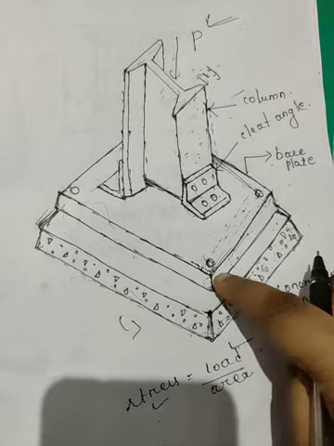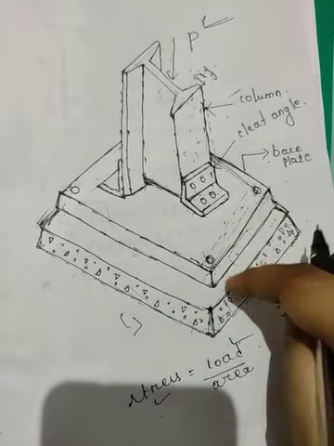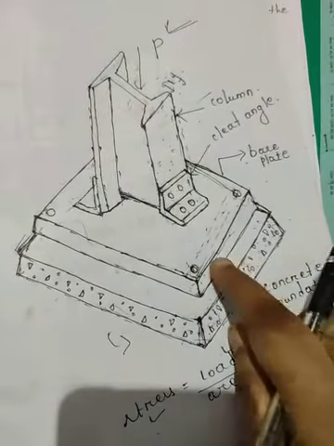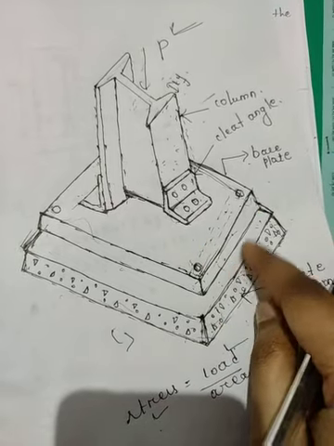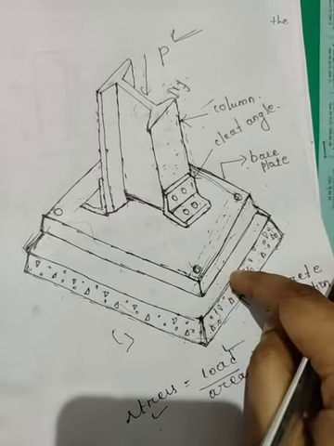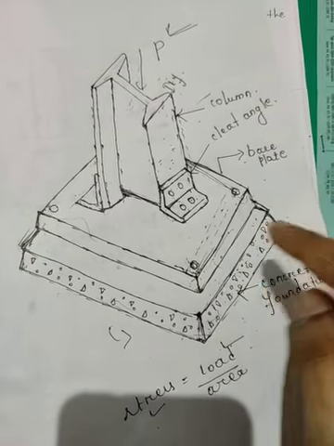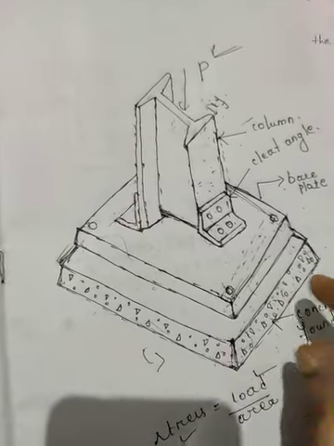So to find out this area of the base plate, we should know the bearing capacity of the concrete foundation. So the design of the base plate will depend upon bearing capacity of concrete foundation, and the design of the concrete foundation will depend upon the bearing capacity of the soil lying below it.